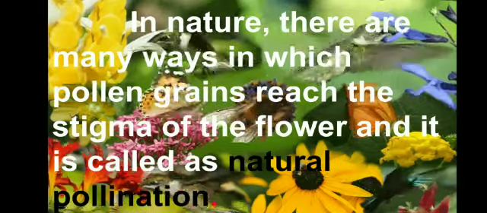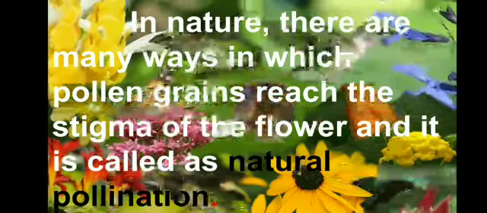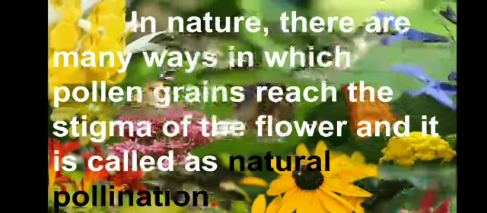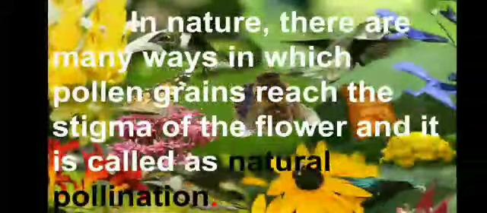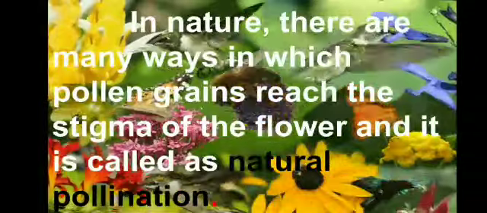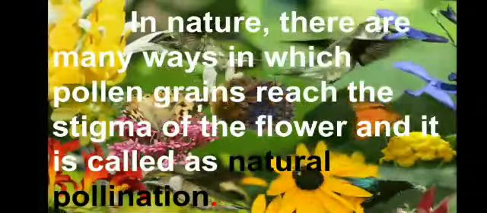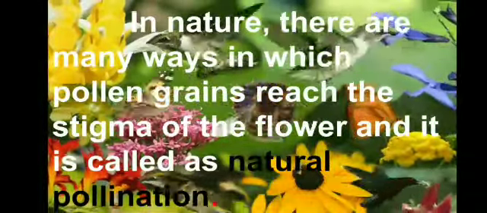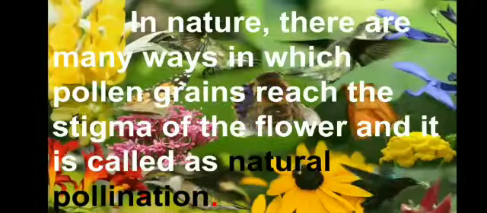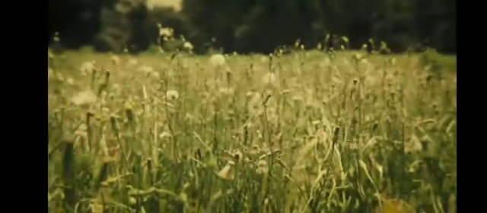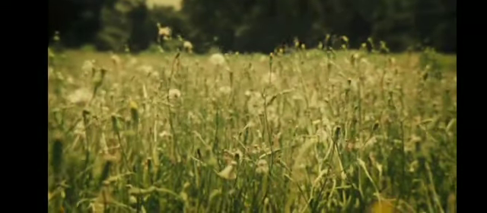Whereas in nature, there are many ways in which pollen grains reach the stigma of the flower, and it is called natural pollination. So natural pollination occurs by nature, in which there are many ways where the pollen grains reach the stigma of the flower. One such way is through wind.